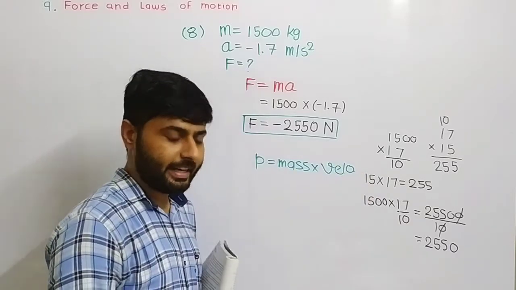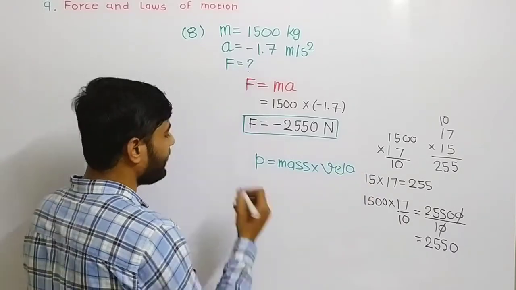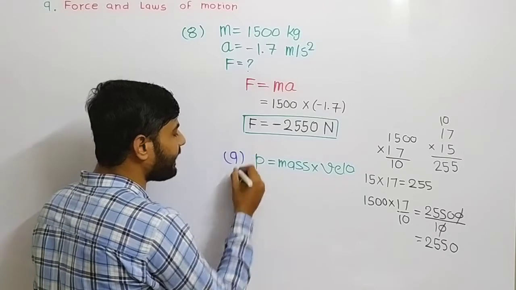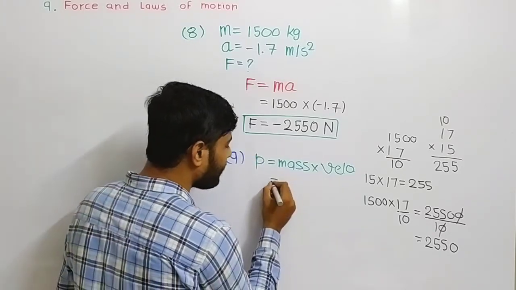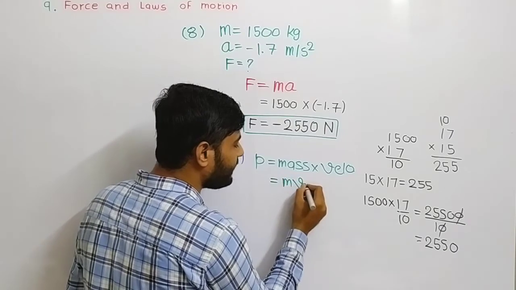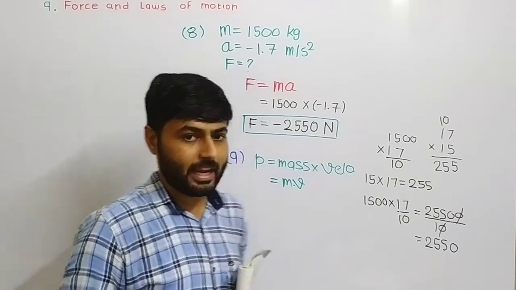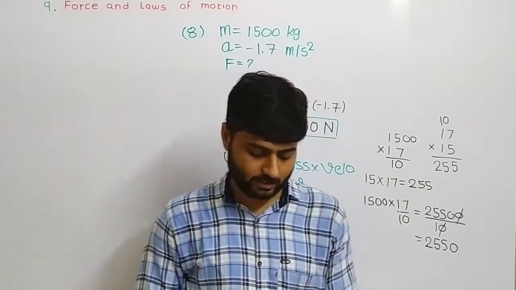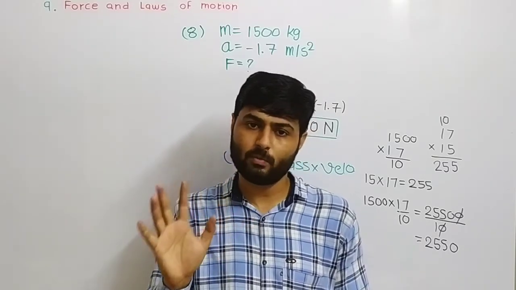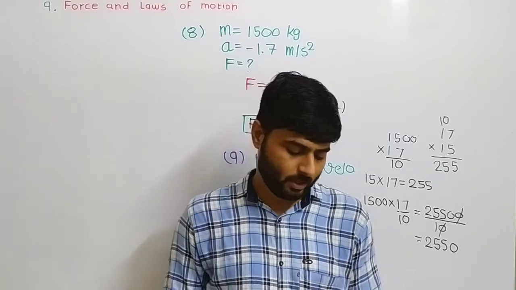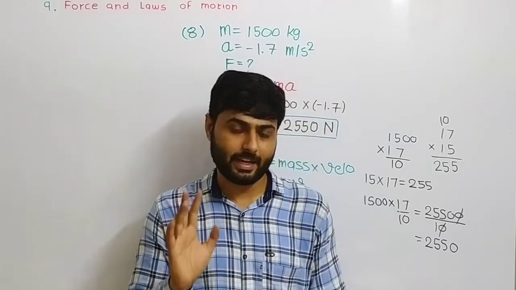So in question number 9, we have mass m and velocity v. So in this MCQ we will have answer D as the right answer, mass into velocity, that is mv. So the correct answer is D, mv.